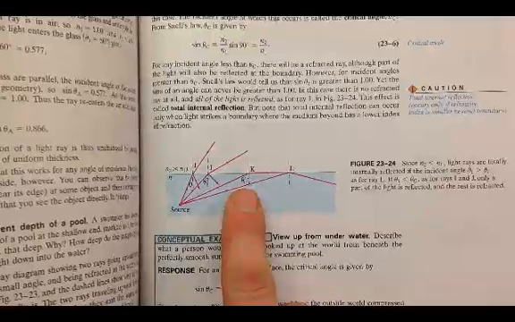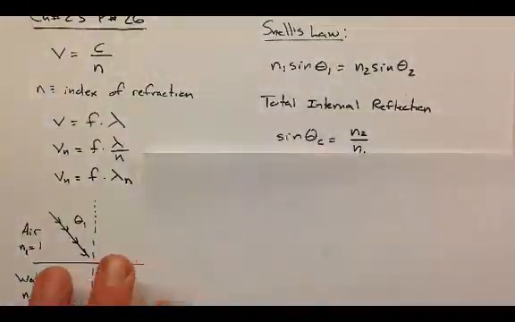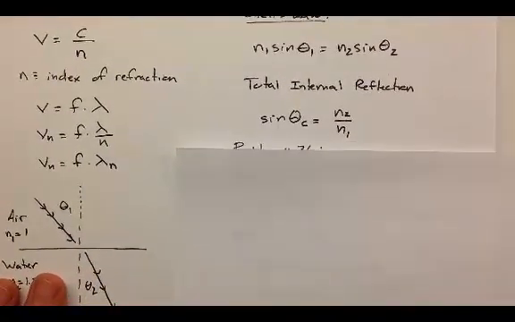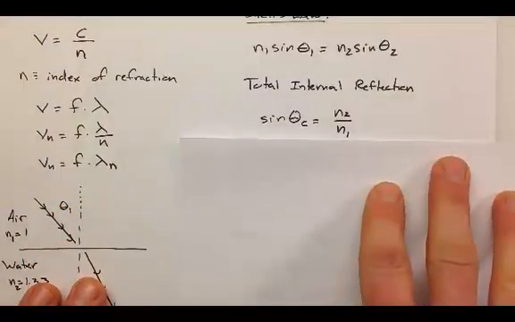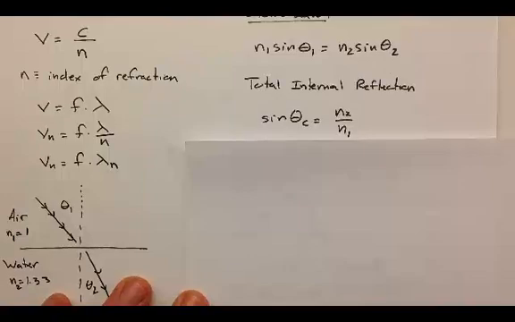So that special angle is called the critical angle. All right? And it's important because fiber optics, which is the carrying of a light signal through a cable, depends on total internal reflection. And we'll show you an example of that in class tomorrow. So that's some good information here.